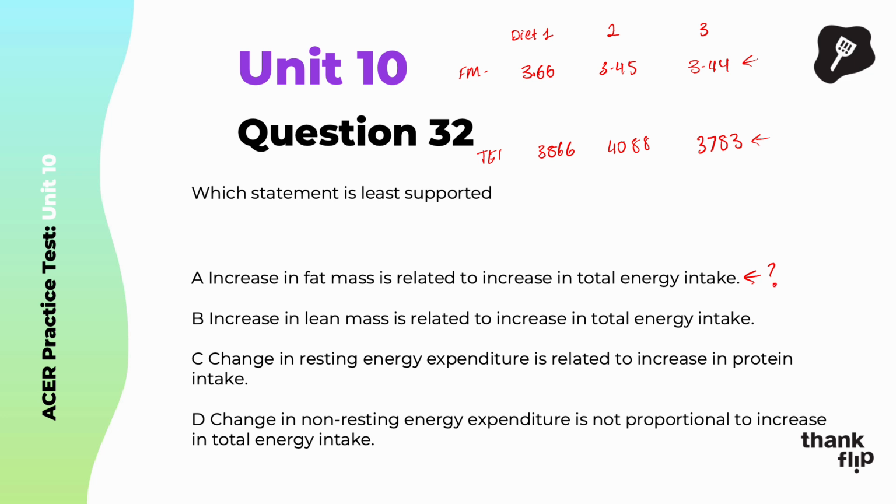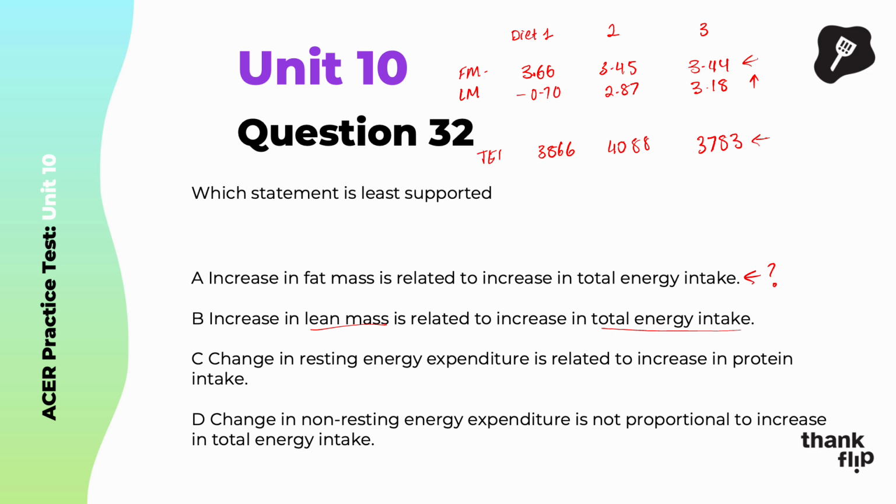Increase in lean mass is related to an increase in total energy intake. Looking at lean mass, so I'll say LM, we have negative 0.70 for diet 1, then we have 2.87 for diet 2, and we have 3.18 for diet 3. So as you can see, from diet 1 to diet 3, there is an increase in lean mass.